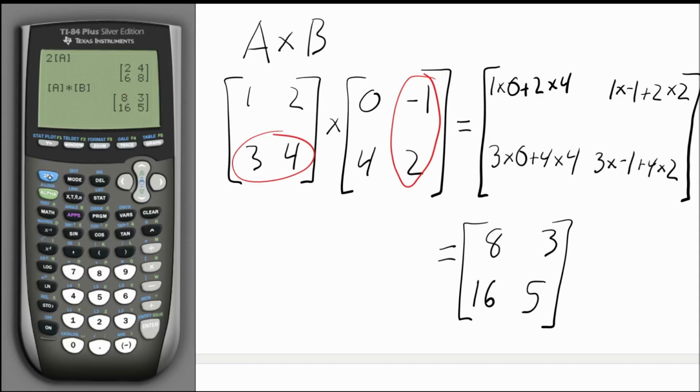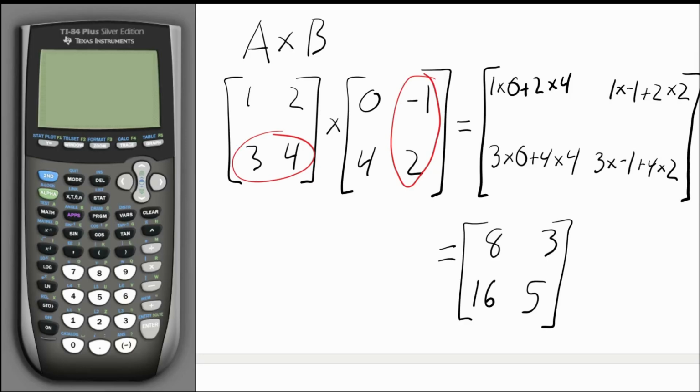And so we can see that by multiplying matrix B times matrix A, and saying that we in fact do not get the same answer. Now there are some exceptions to this rule, but you never want to assume that they're going to be the same. So when you're multiplying matrices, you always want to make sure that you're multiplying them in the right direction.